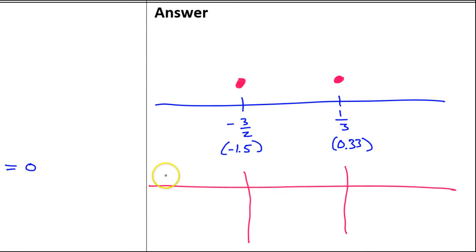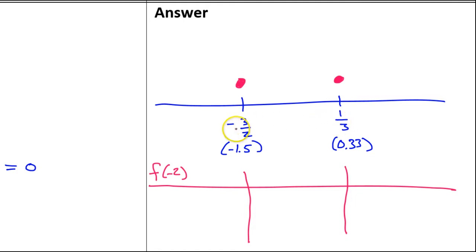Now we need to pick a test value in each interval to see what's going on. So we need a value that is less than negative 3 over 2, less than negative 1.5. For example, negative 2 would work, or I could have done negative 3 or negative 4 or whatever you want. Now I need a value that is between negative 3 over 2 and 1/3.